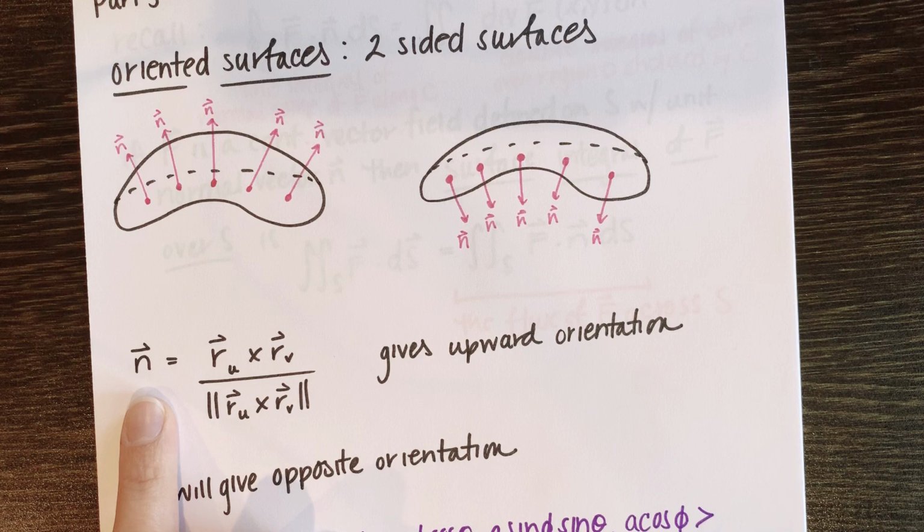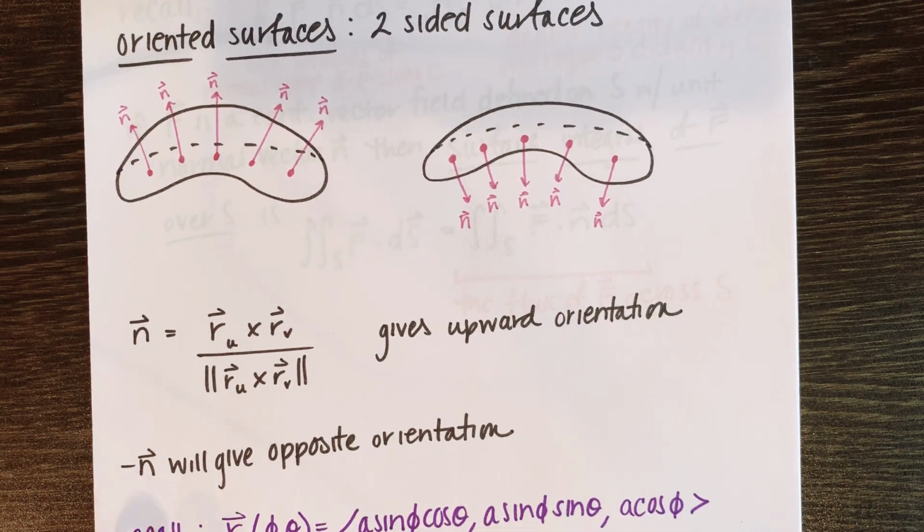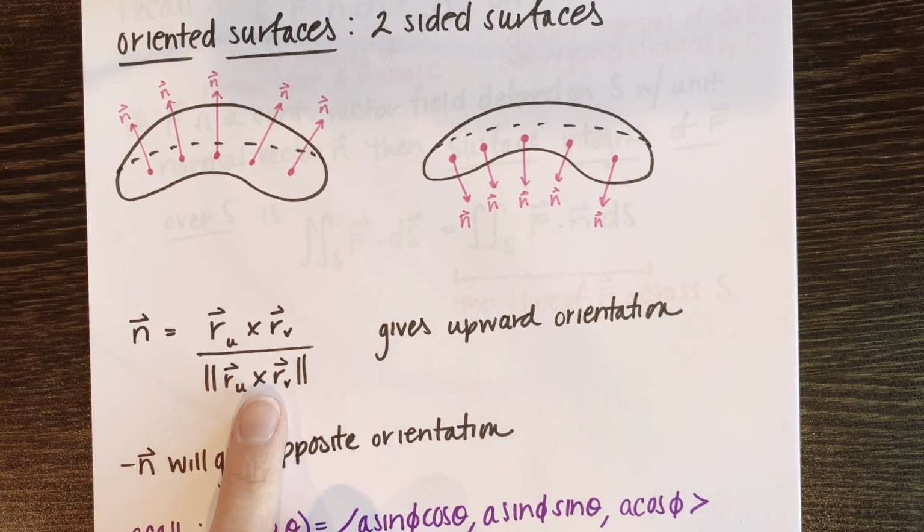But our vector n, which try and remember what that vector represents, is going to give the upward orientation, and so negative n will give the opposite orientation.